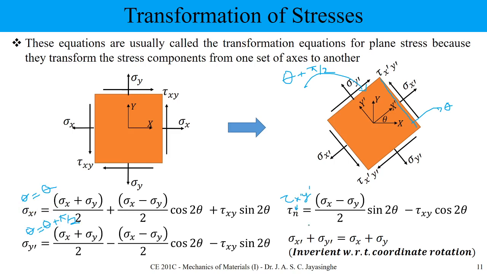Yes, these things I already explained. We need to find two normal stresses and one shear stress. These are the three components that we need to find to complete our element components.